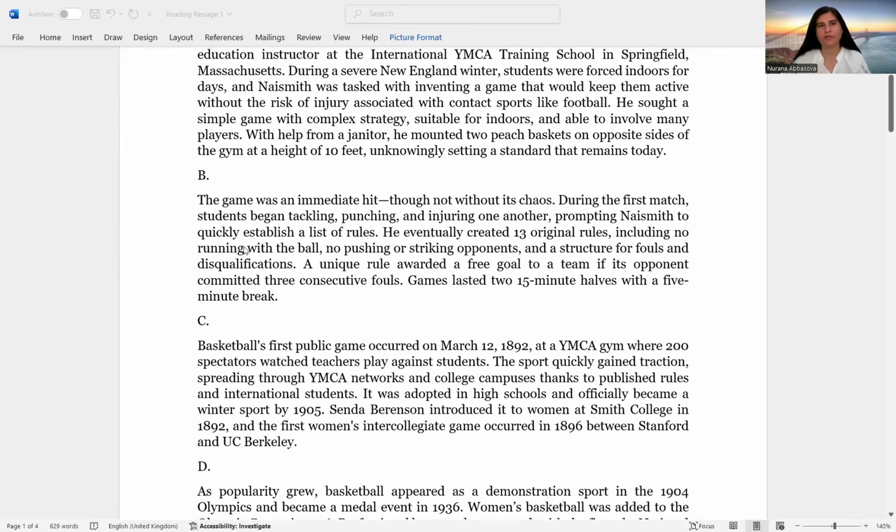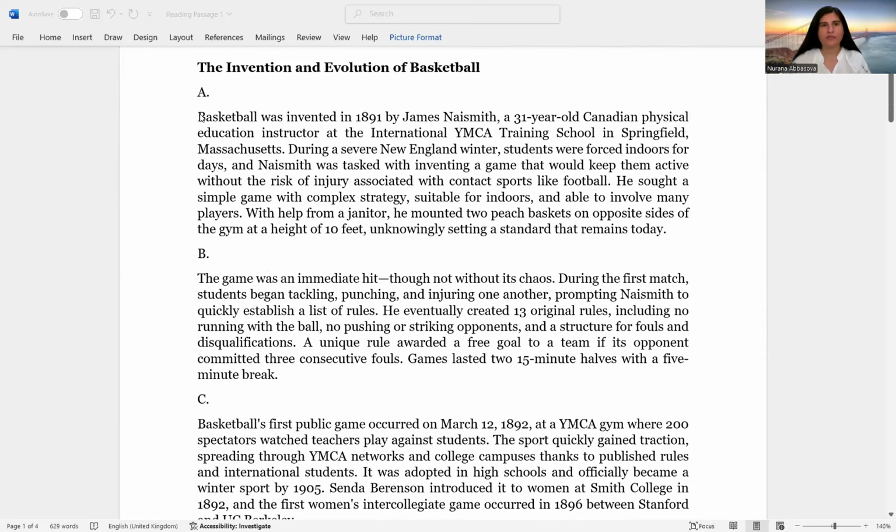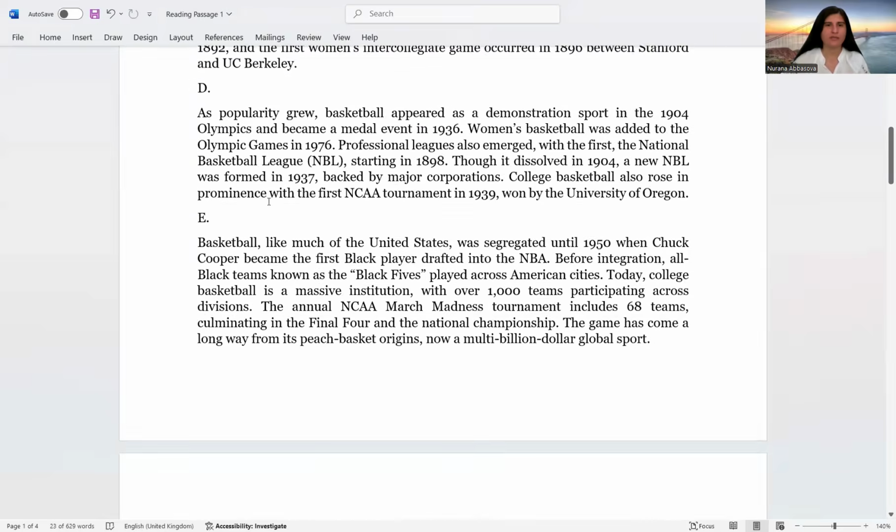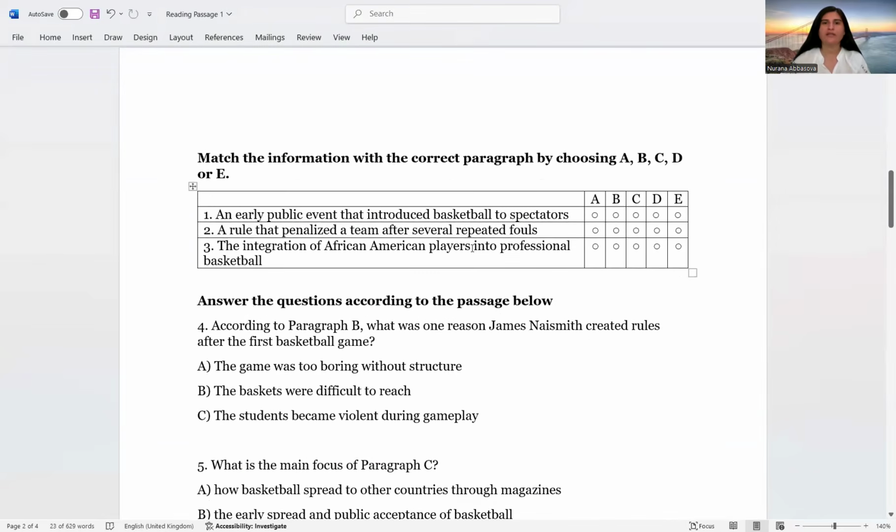If you have time, you can read the first sentences of some paragraphs, but it's not going to help you 100%. That's why I skip this step each time, and I directly go to the questions. So I read the questions, 3 of them, underline keywords, and find them in the text.